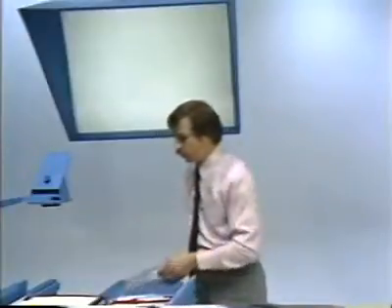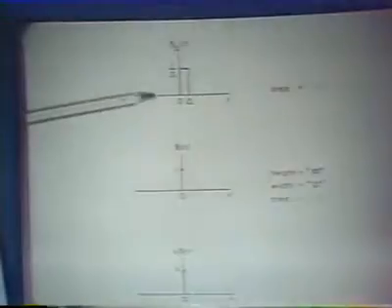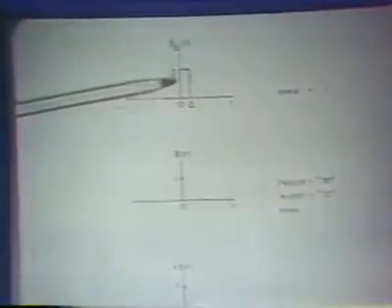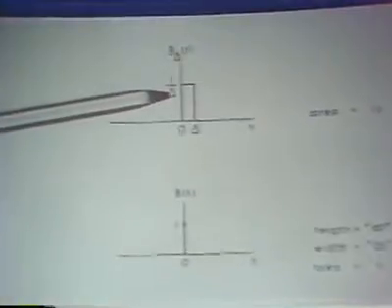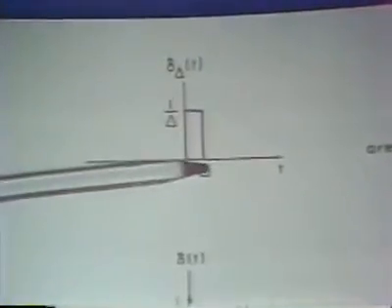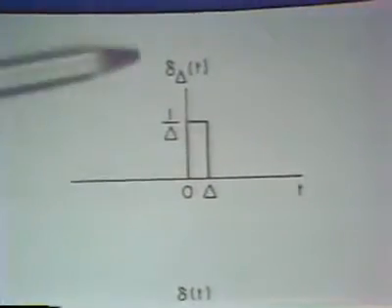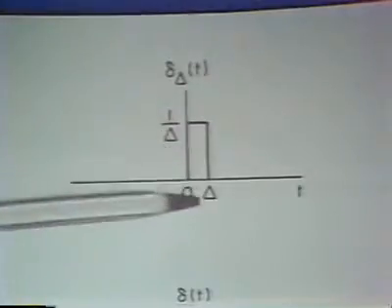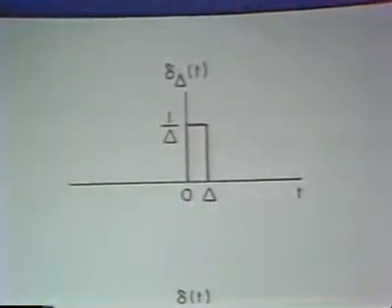So the derivative of u sub delta of t will then be, as I've indicated here, simply a rectangle with a height which is 1 over delta and a width which is equal to delta. And observe that no matter what the value of delta is, the area is always equal to 1.